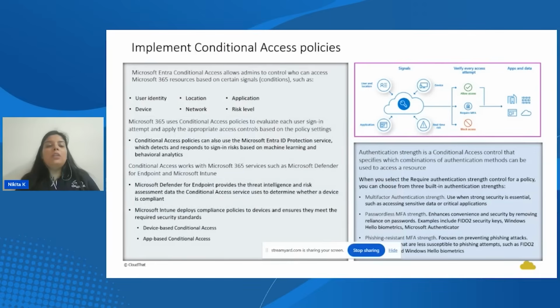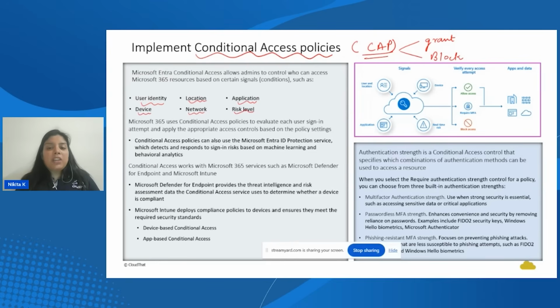Talking about CAP, which is the most important when we talk about information or identity protection. Conditional access policy is also known as CAP, where you are either granting the access to your employees or blocking the access on the basis of, let's say, user identity, location, certain applications, devices, network, or the risk level.